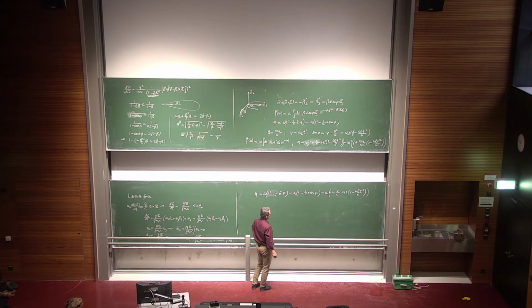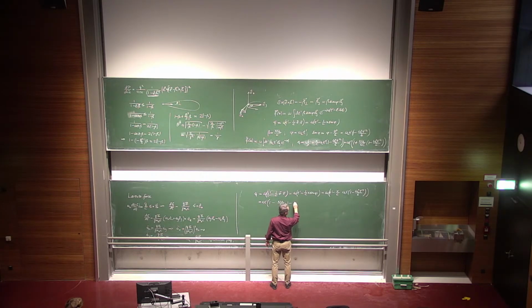Okay. Now I want to pull omega T prime out. Then I have 1 minus x omega L, of course. Oh dear. All right.